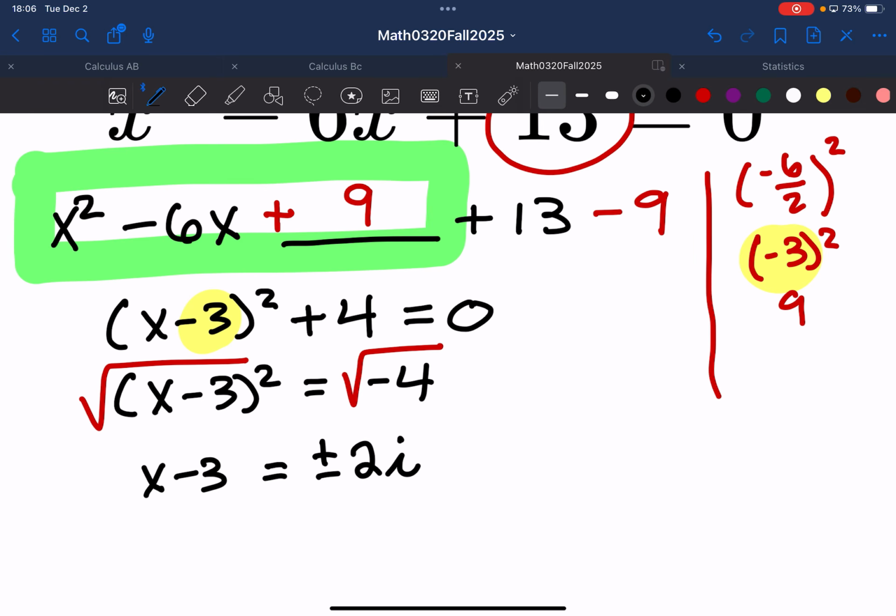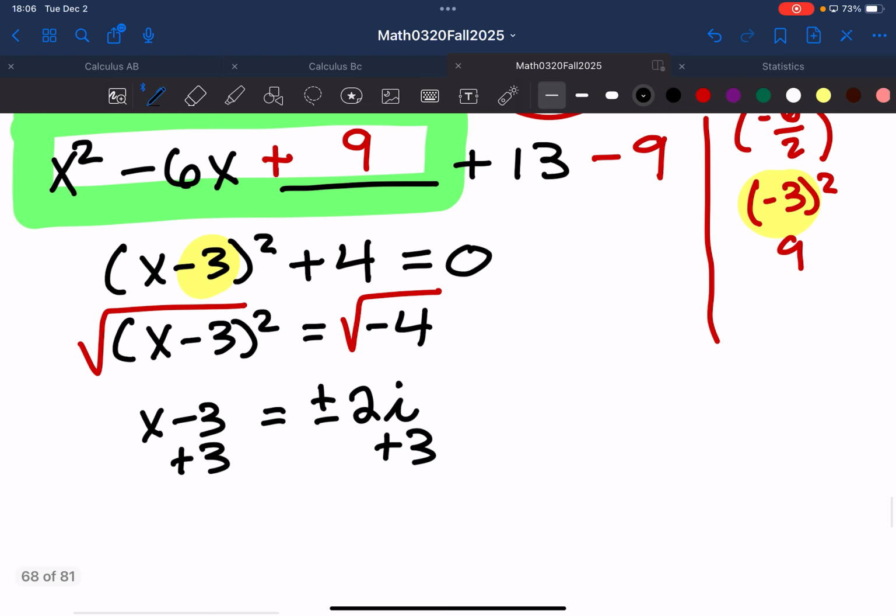Add 3. So x is equal to, and remember when we're writing our complex numbers, what comes first, the real or the imaginary? Real. What's real here? The 3. So it's 3 plus or minus 2i.